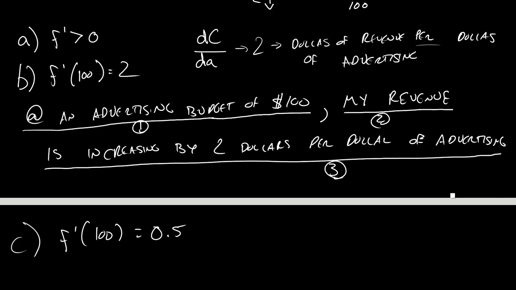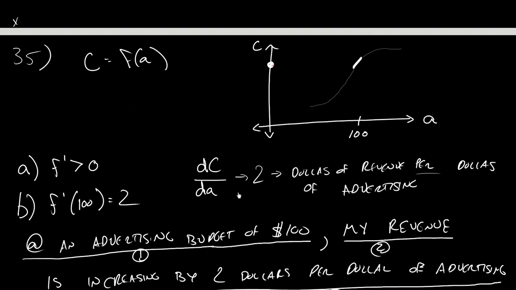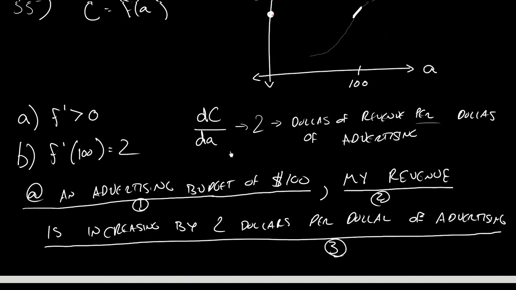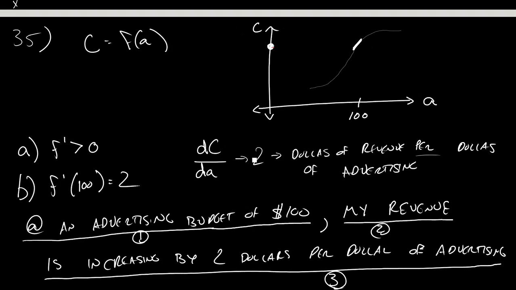So that means I put a dollar down for advertising, and I only get half a dollar out. It's kind of going back to that profit equals revenue minus cost thing, but you don't need to actually worry about that. Just keep in mind that f prime of 100 equals 0.5 would mean the slope here is a lot less. It's going up like that now.